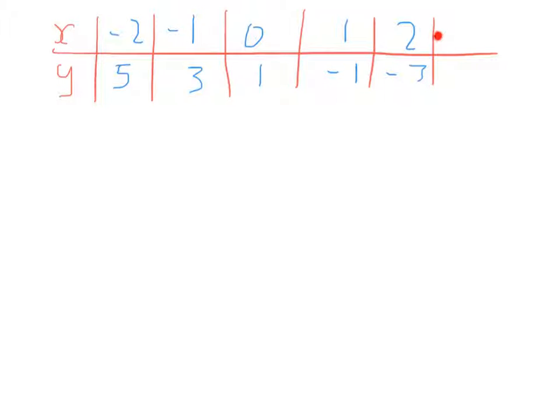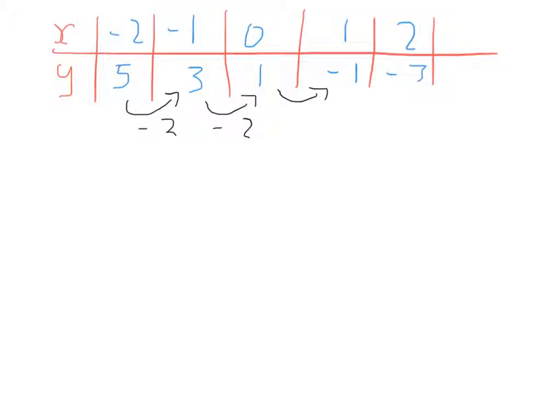What we then need to do, to determine that it's a linear graph, a linear function, is make sure that for every shift of 1 in x, we have the same shift in y. If we don't, then it's not a linear function. But here, I hope you can see that we do. To go from 5 to 3, I have to take away 2. To go from 3 to 1, I have to take away 2.